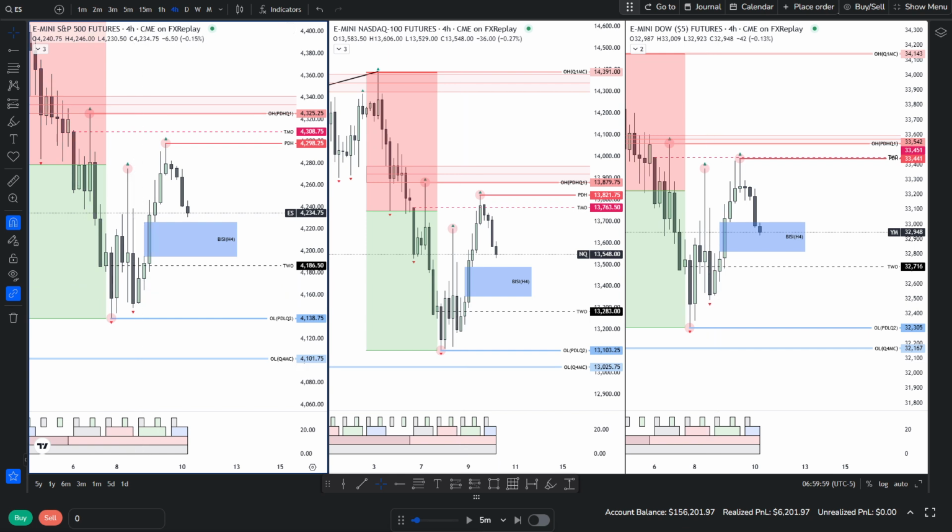However, this is not confirmed by a high time frame cracking correlation. So monitoring price interaction with the bullish fair value gap H4. Okay, so that's what we're looking at there.